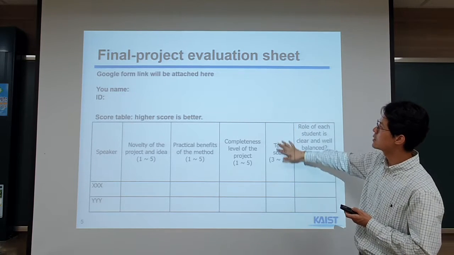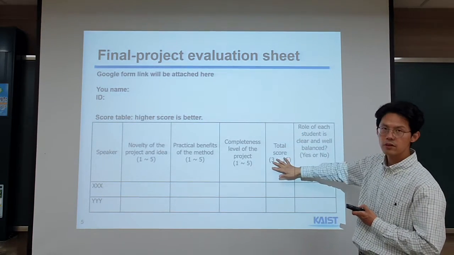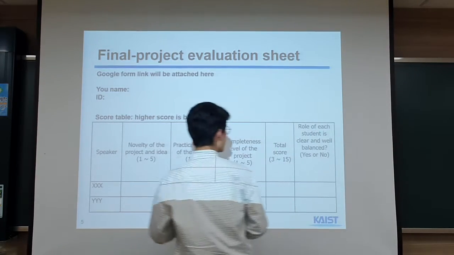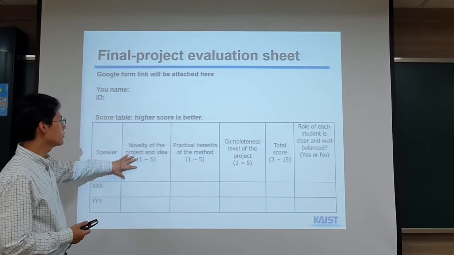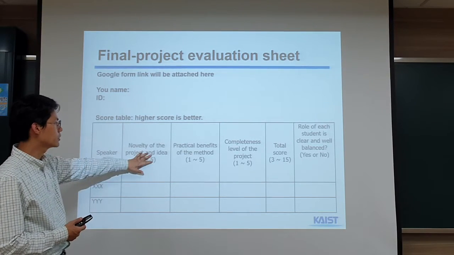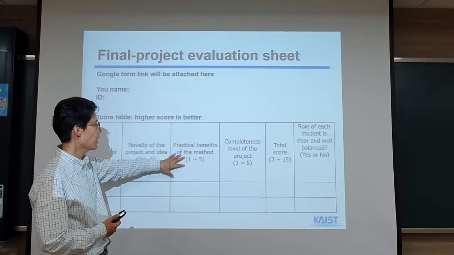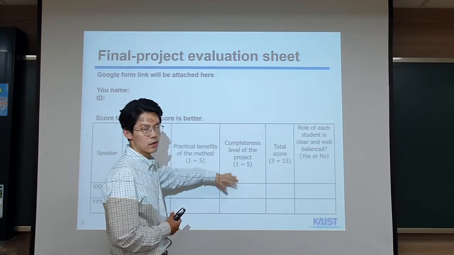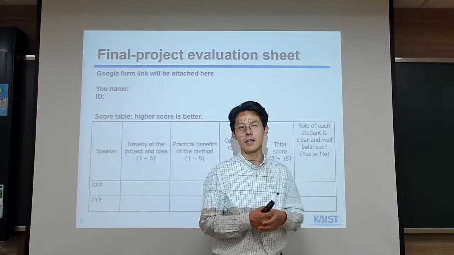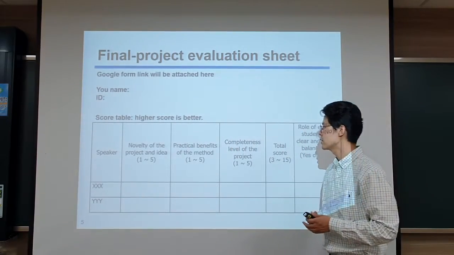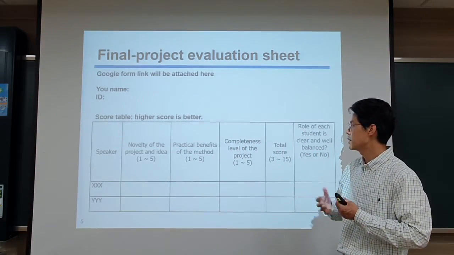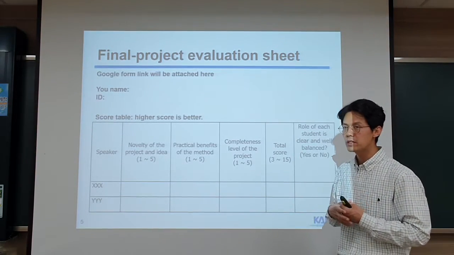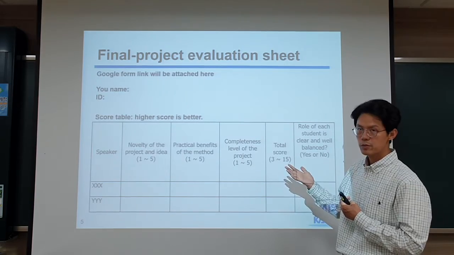And these are the evaluation forms for the midterm or final term project presentations. There are 3 main concepts: the novelty of your idea, the practical benefit of the method, and the completeness level of the project. I mean, some projects aim too high, but in the end they may not be finished. I know that you don't have much time before the midterm or final term project presentation.